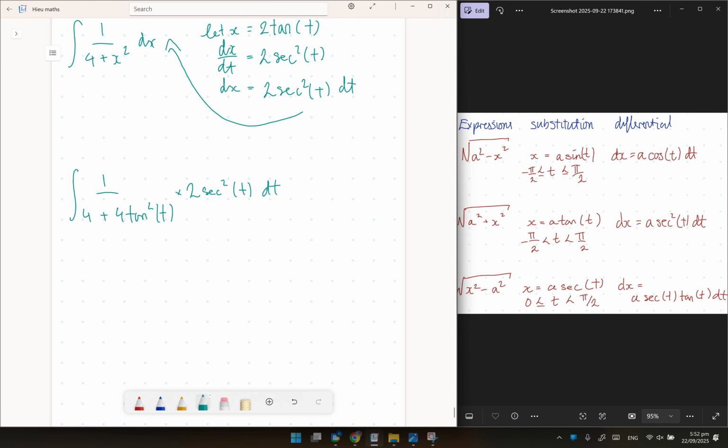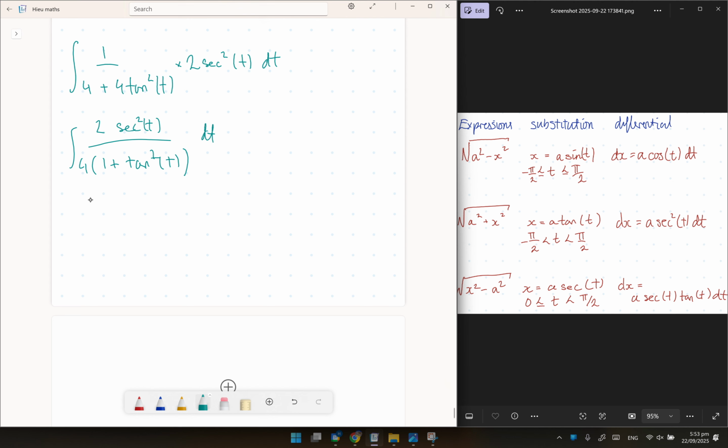Okay, so let's do a little bit of factorization. This is how the formula works. So now we have 2 sec squared t over, let's take 4 out, so it's going to turn into 1 plus tan squared t, all dt. And if you remember what 1 plus tan squared t is, it's sec squared t.